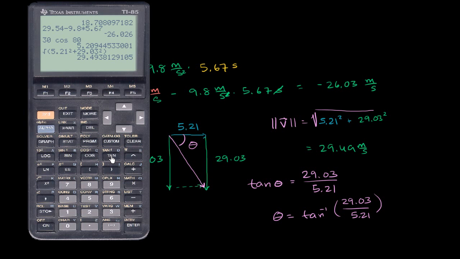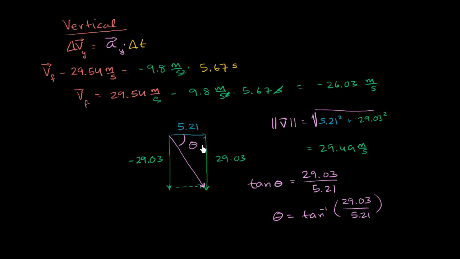We take the inverse tangent of 26.03 divided by 5.21, and we get 78.7 degrees. But it's going to be 78.7 degrees below the horizontal. Or you could view this as an angle of negative 78.7 degrees above the horizontal. Either one of those works.